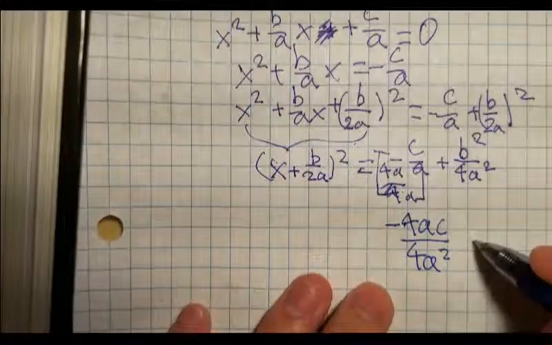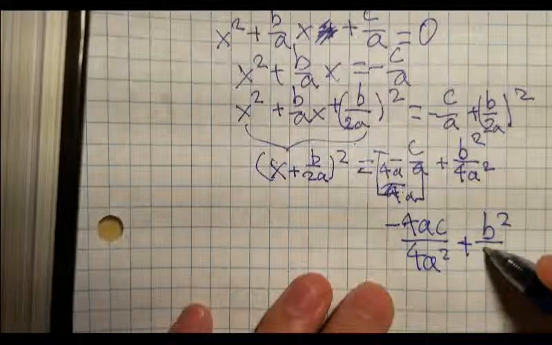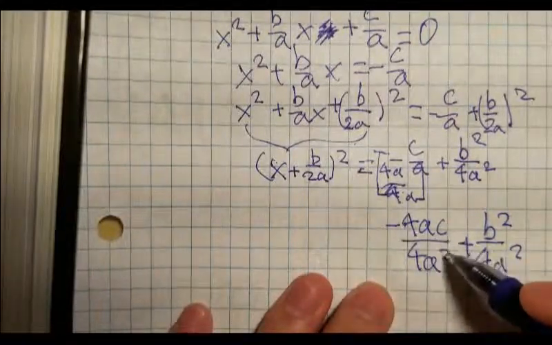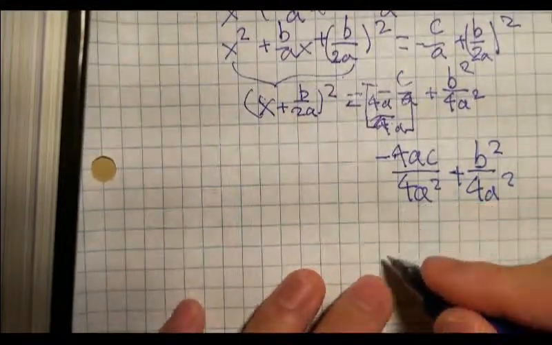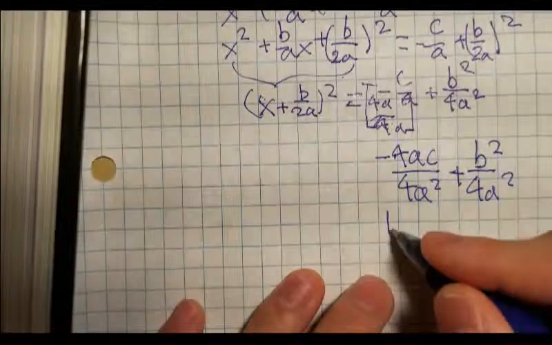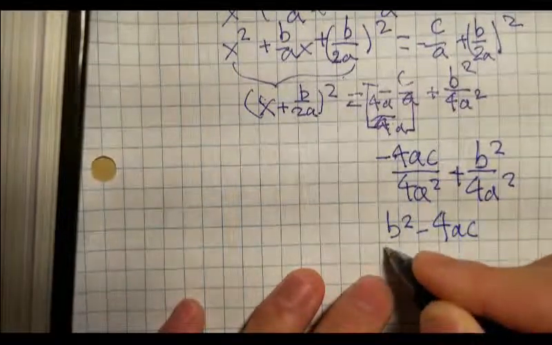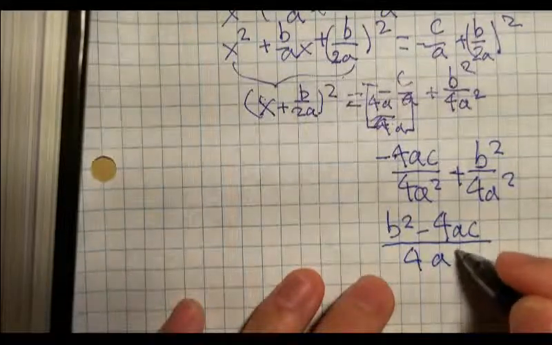And you add this, you get negative 4ac plus b squared, which should look very familiar because, oh look, that's the same as b squared minus 4ac, all divided by 4a squared.